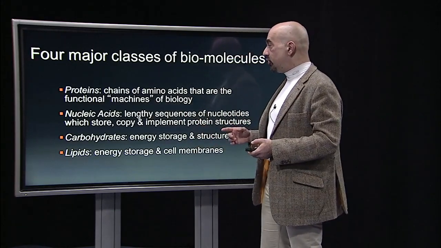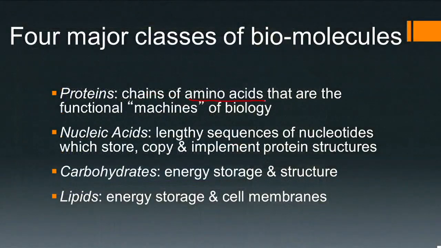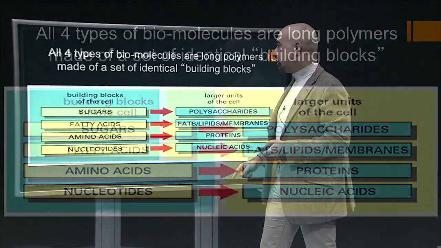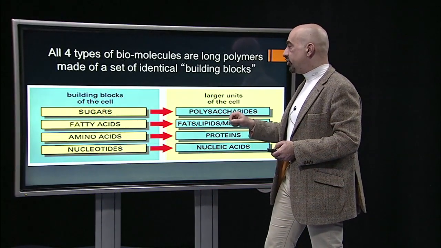These four basic building blocks are amino acids that combine to make proteins, nucleotides that combine to make nucleic acids, carbohydrates, and lipids. So you're going to build these up out of relatively simple building blocks.